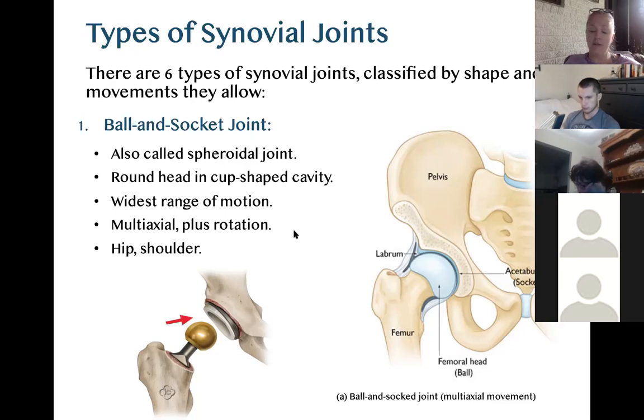On these sorts of joints, you will have big rounded heads at the epiphysis of the joints. This is your humerus, and as it fits into the glenoid cavity of the scapula, it's going to have a ball fitting into a socket so it can rotate around and have lots of freedom of movement.